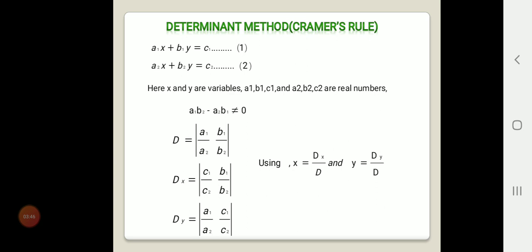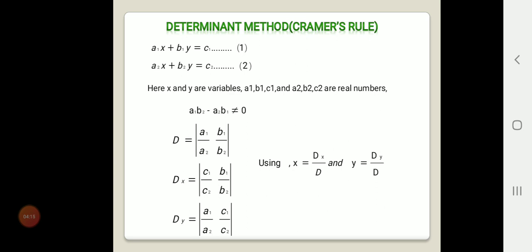Here x and y are variables, and a1, b1, c1 and a2, b2, c2 are real numbers, with a1b2 minus a2b1 not equal to 0. These are the two equations we are solving.